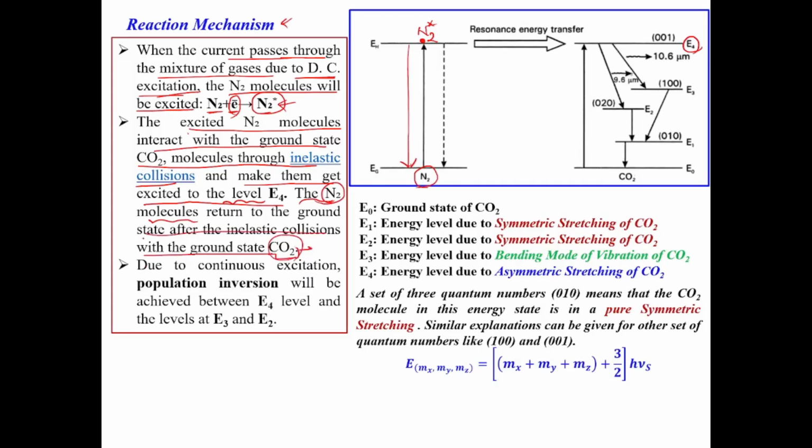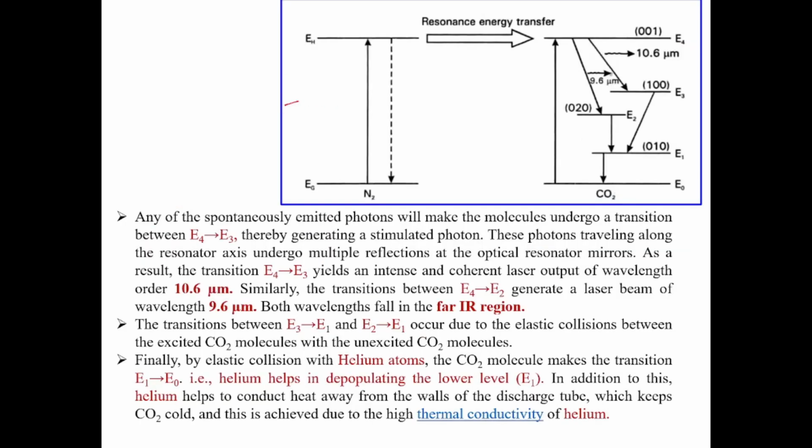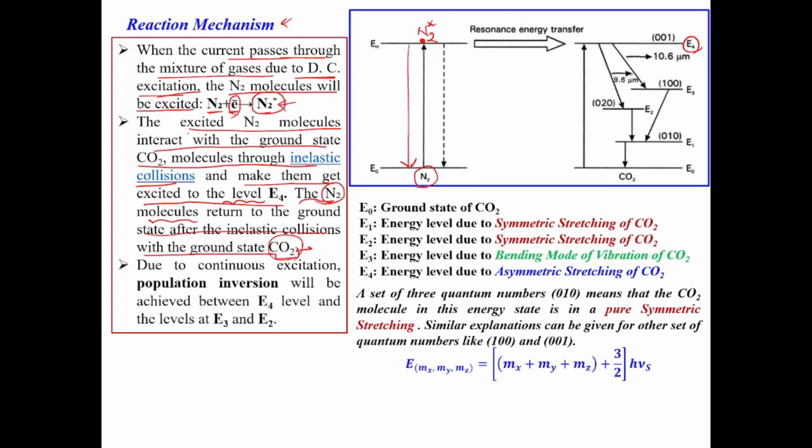So the excited nitrogen molecule interacts with carbon dioxide molecules at the ground state. The carbon dioxide molecule will be excited to E4. After that, the excited nitrogen molecules will de-excite and come to the ground state.